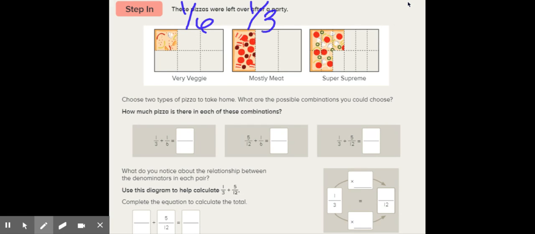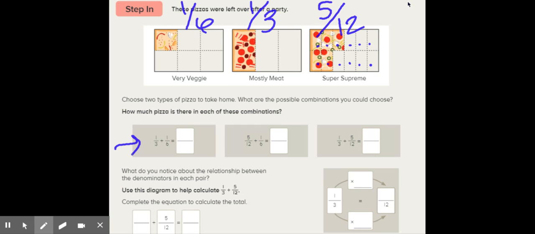And the super supreme has 5. Let's count 1, 2, 3, 4, 5, 6, 7, 8, 9, 10, 11, 12. So I know that that's 5/12. Okay. So I'm going to look here at these combinations because it says we're going to choose 2 types of pizza to take home and what are the possible combinations.